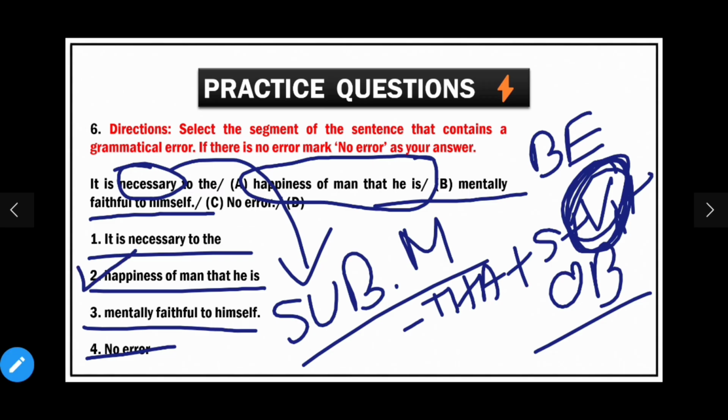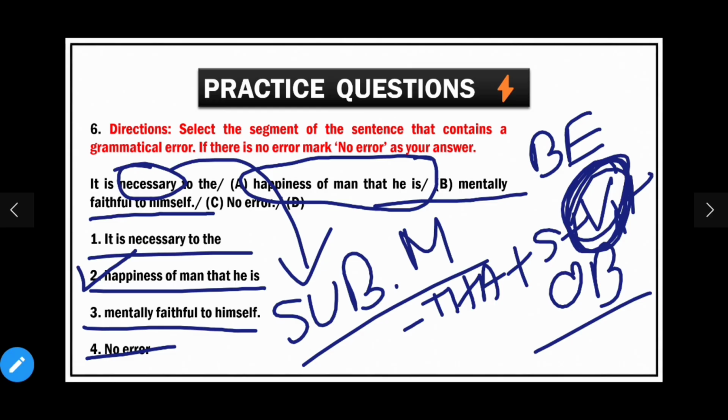This is the correct answer, because we didn't write the base form of "is", that is "be". And in subjunctive mood, we should use the base form after the subject, that is the V1 form. That's why this part is the main error in this sentence, and this is the correct answer if you choose.